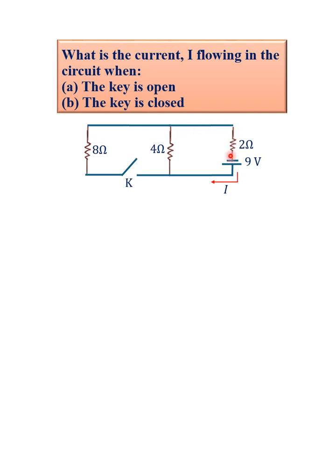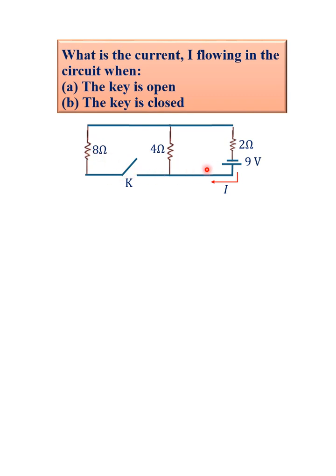So the current only sees this part of the circuit. The current is seeing a 4 ohms resistor in series with a 2 ohms resistor. It no longer sees this 8 ohm resistor because there is no continuous path for it to flow.